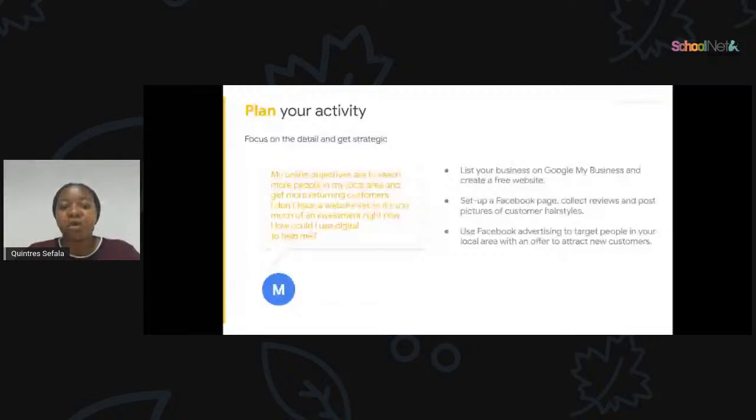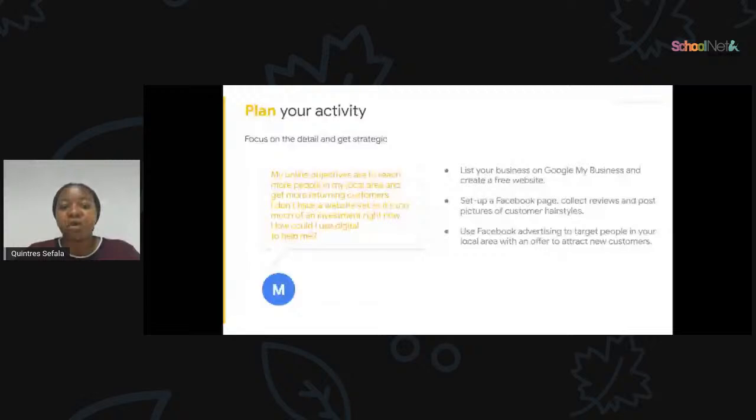You could also give them a run through of how you wash their hair and treat their hair before you actually braid the hair. So such things also build customers.